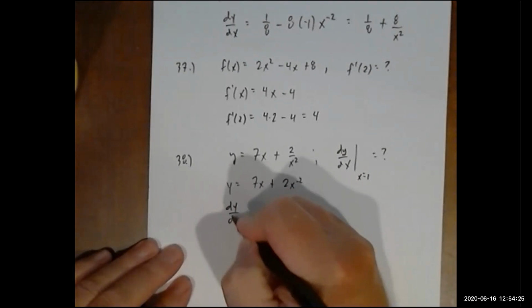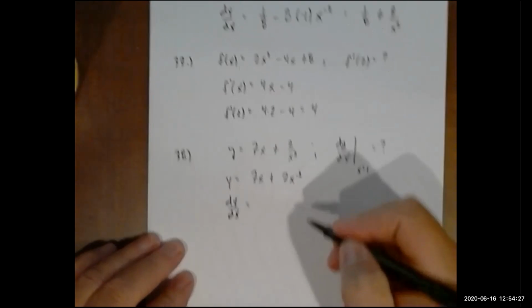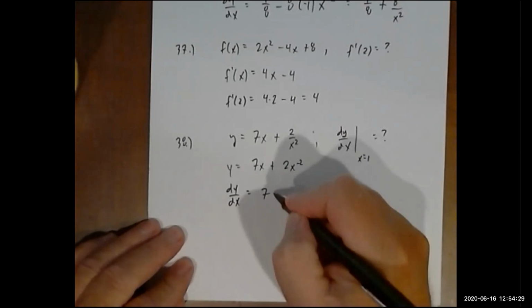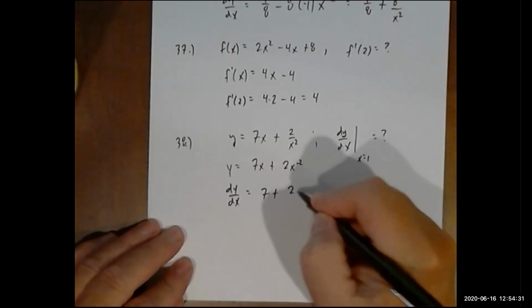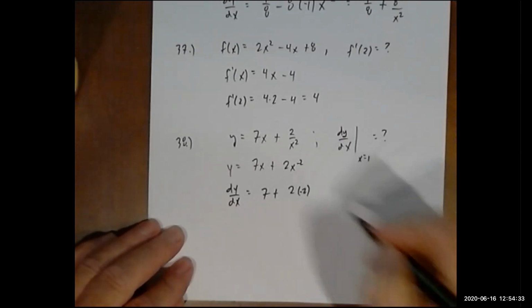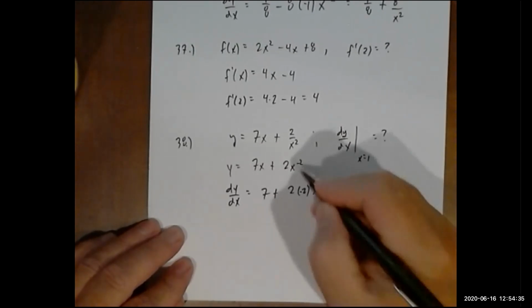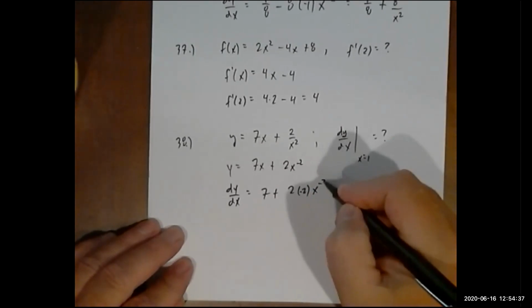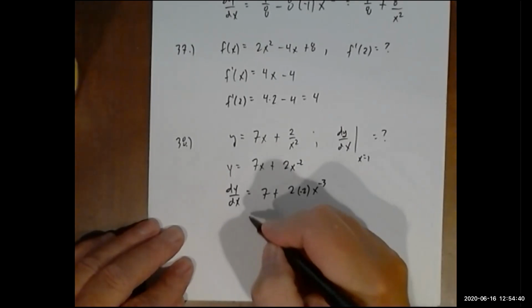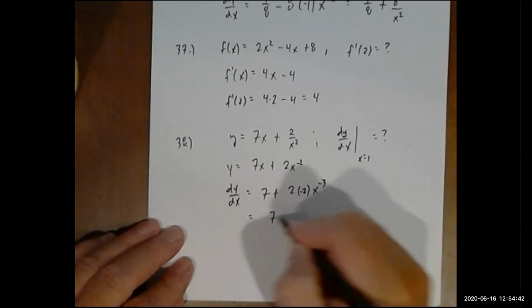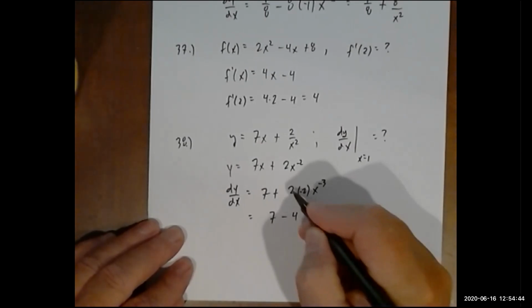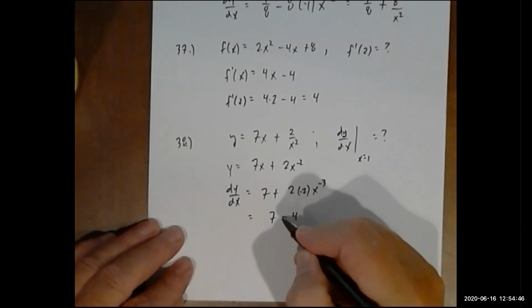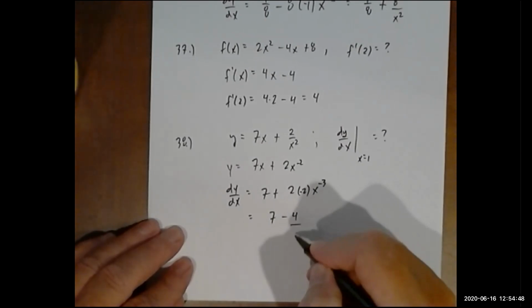Now I can take the first derivative, 7 plus 2, minus 2 comes down front. Subtract 1 from your exponent. If I try and simplify this sum, 2 times negative 2 is negative 4, so minus 4.